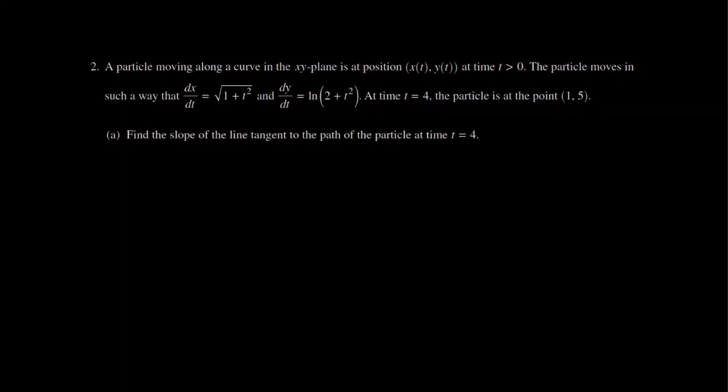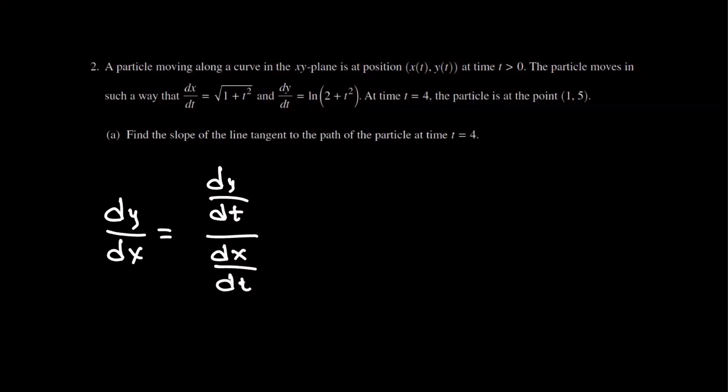The first question is to find the slope of the line tangent to the path of the particle at time t equals 4. So what is the slope? The slope is the derivative of y with respect to x, so it's dy over dx at that point. This is equal to dy over dt divided by dx over dt.